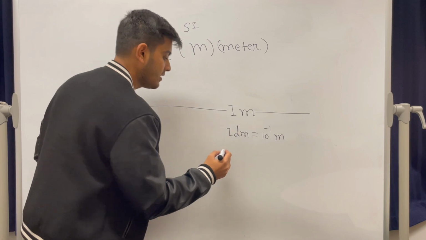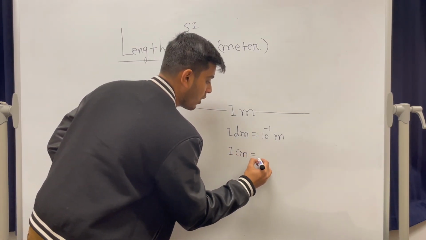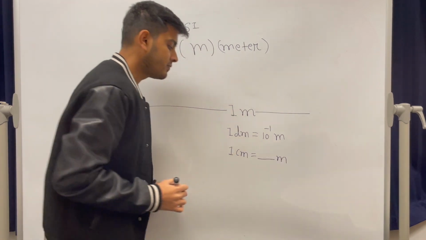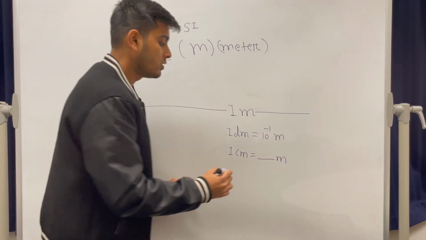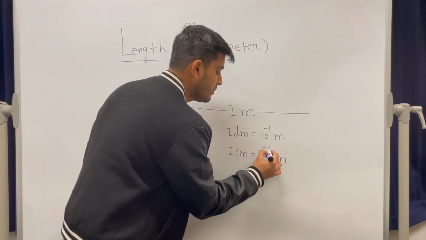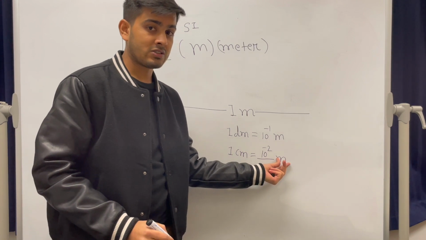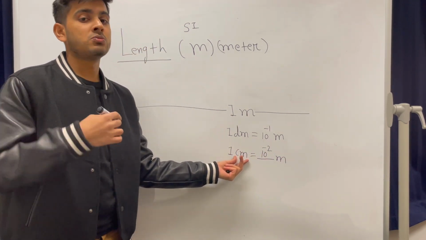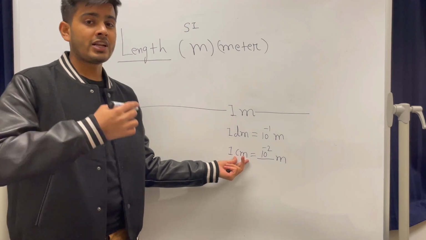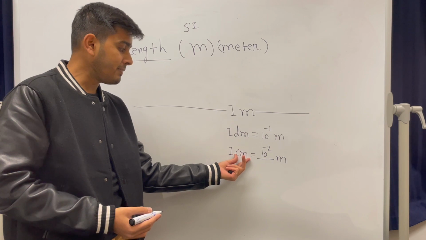Second, centi. 1 centimeter is equal to how many meters? Centi, if you remember, is 10 raised to minus 2. So 1 centimeter is equal to 10 power minus 2 meters. Why is it negative? Because centimeter is the smaller unit. We are converting centimeter to meter.